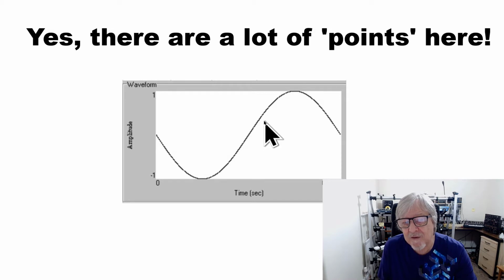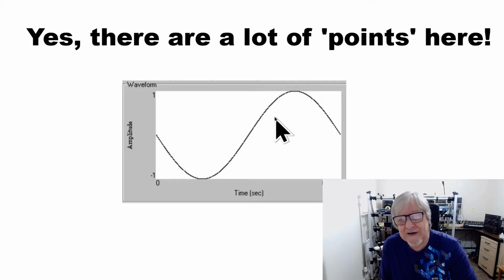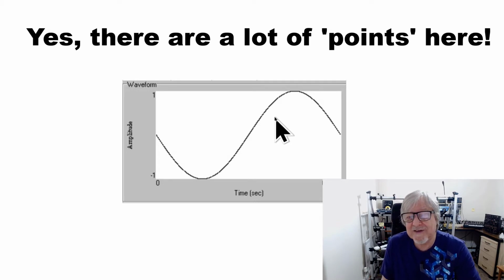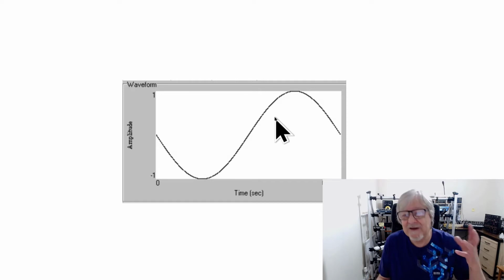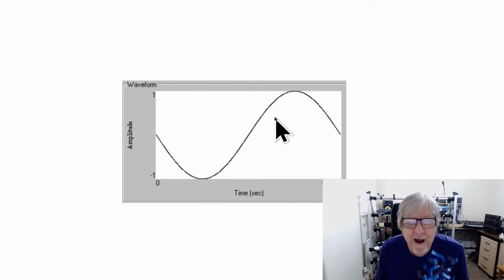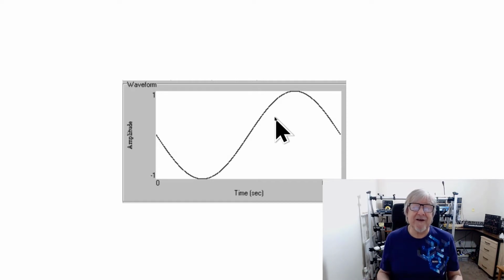So if we move up a little bit, there will be a 0.255 and a 0.256 and a 0.257. Not only that, there will be a 0.2575 and a 0.2576 and a 0.2577. However close any two points are, there will always be another value you can measure in between because it continuously varies. And I don't want to use the word infinite.